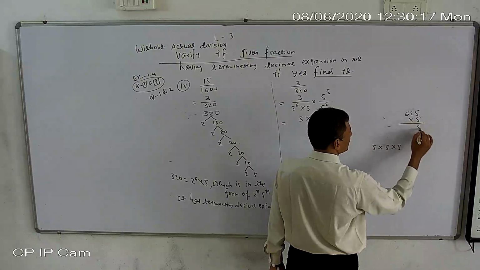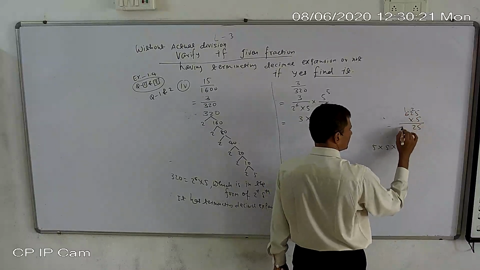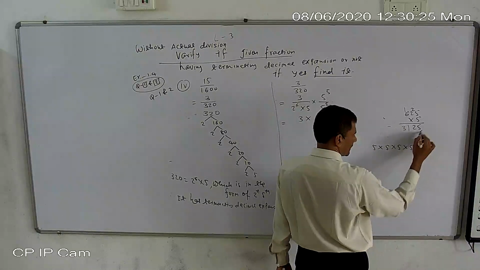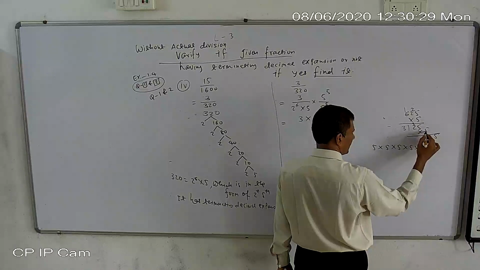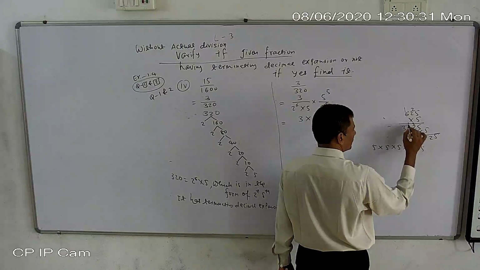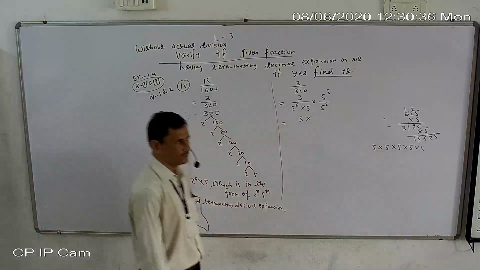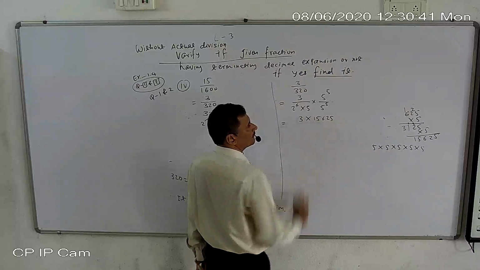So 5 5s are 25, 5 2s are 10, 12, 6 5s are 30, 31, 3125. Again 3125 into 5: 5 5s are 25, 5 2s are 10 plus 2 is 12, 5 1s are 5 plus 1 is 6, 5 3s are 15, 15625. It becomes quite a big number, 15625.